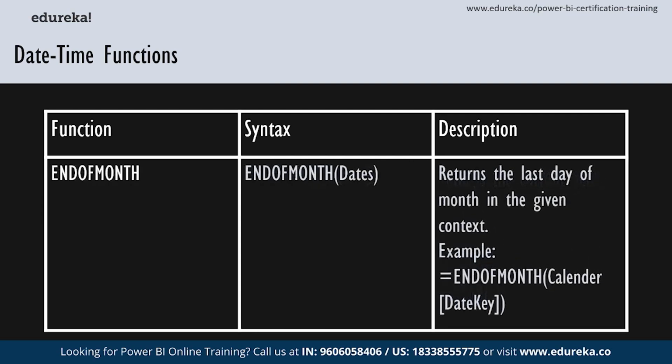Now, the last one I want to discuss is not just a date time function, but also a time intelligence function. What a time intelligence function does is that it enables you to manipulate data using time. This includes dates, months, quarters, and years, and you can then build and compare calculations over those periods of time.